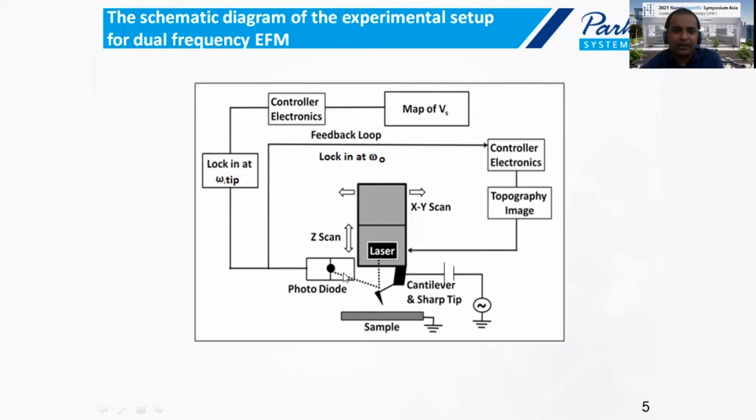There is a second lock-in amplifier which locks in at the frequency omega tip, which is the frequency of your AC sinusoidal voltage. This decouples the electrostatic signal from your topographical signal, and it reveals the map of the electric properties of the sample surface.